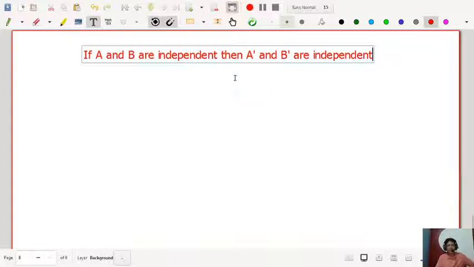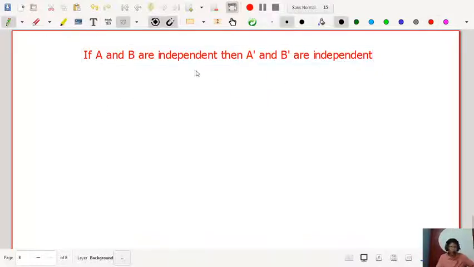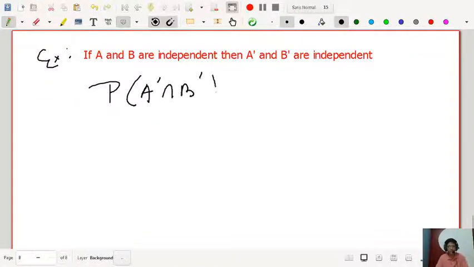So if A and B are independent, we can also prove that, this is also an example, A complement and B complement are also independent. So let us start. A dashed intersection B dashed, we have to start this. Now we can apply De Morgan's law here.